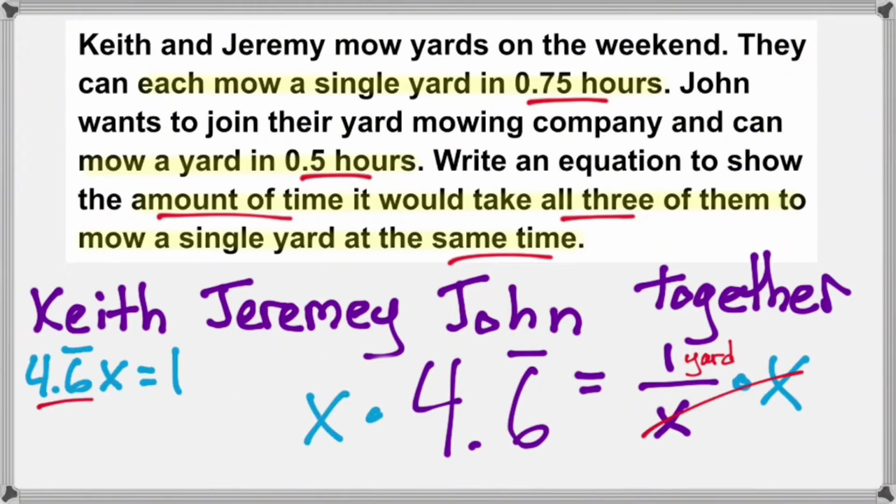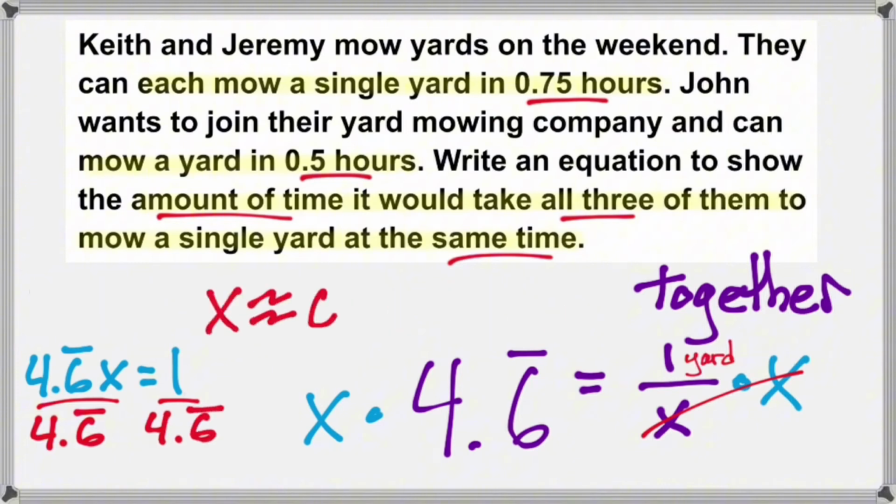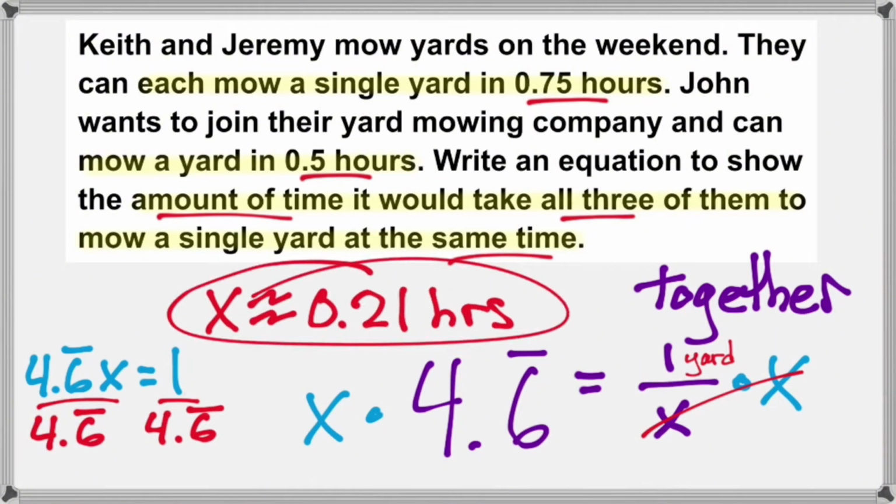Multiplying both sides by x gets that x out of the denominator, and then you would divide both sides by 4.6 to get x all by itself. 1 divided by 4.6 repeating gives you approximately 0.21 hours, which hopefully makes sense intuitively.